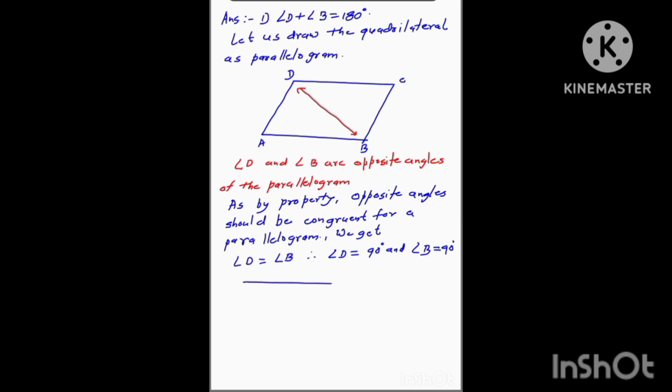We will draw a diagram accordingly, satisfying this condition. Earlier we drew just an arbitrary diagram. Now we know the condition, so we draw this diagram, name the vertices A, B, C, D, with D being 90 and B also 90.